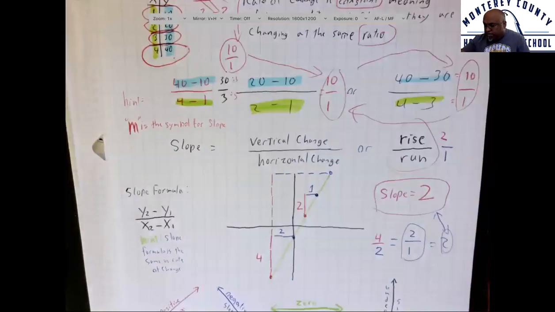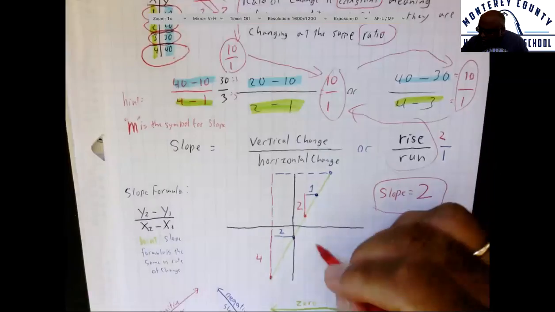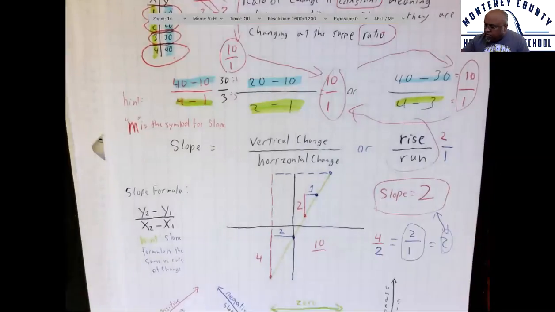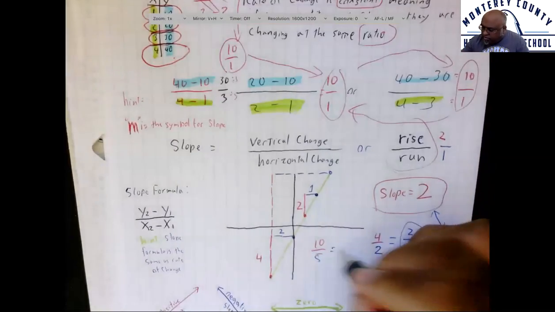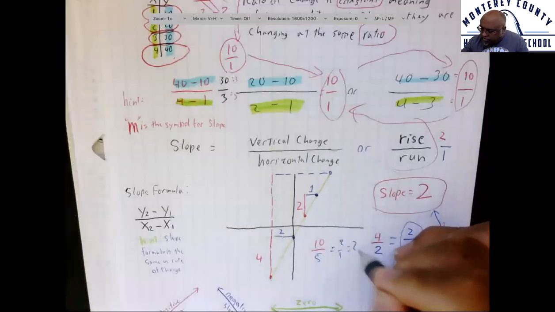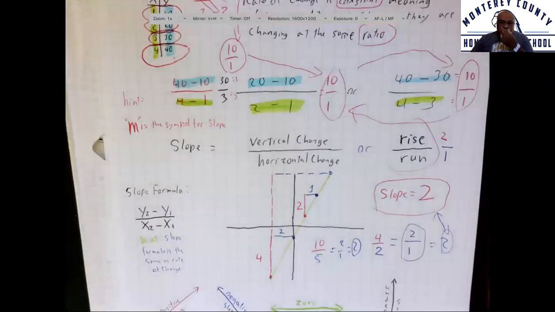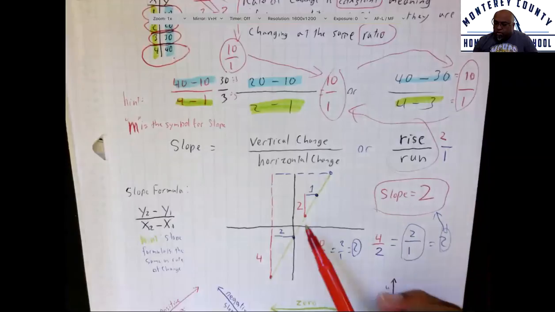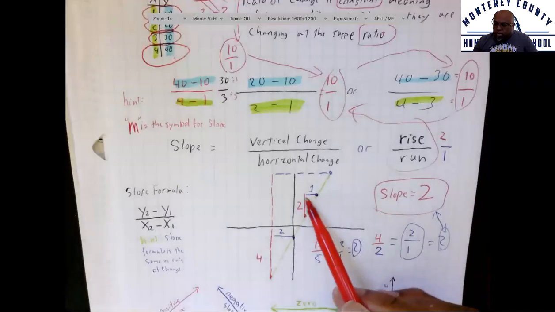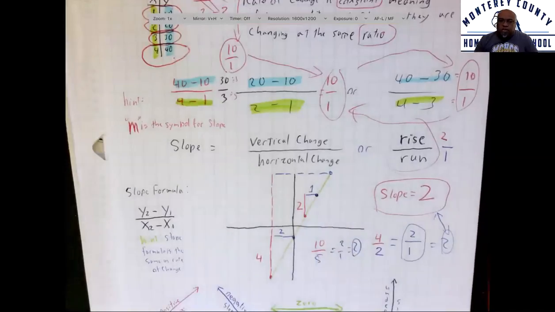So I now have a slope of 10 over 5, which reduces to 2 over 1, which reduces to 2. Okay, so as you can see, between any 2 points, my slope will always be the same if I reduce it. Now, to save yourself time, if you can, you might want to pick the smaller rise and the smaller run when you're finding slope. The purpose of that would just mean you save the step of having to reduce.